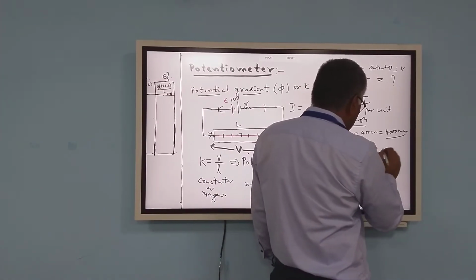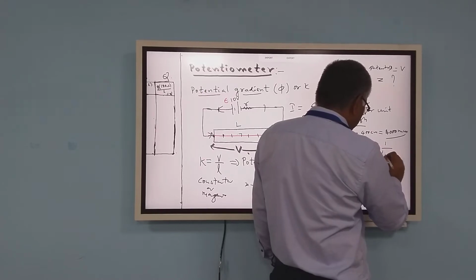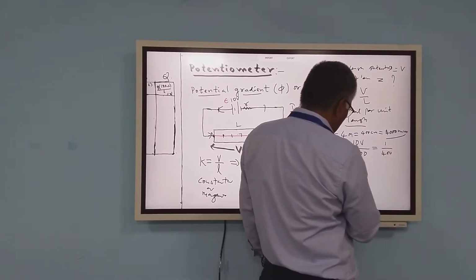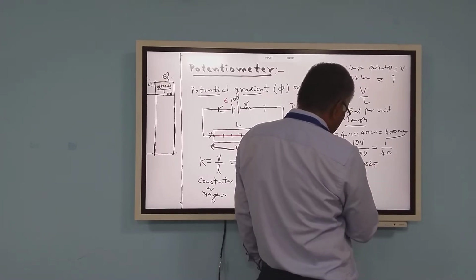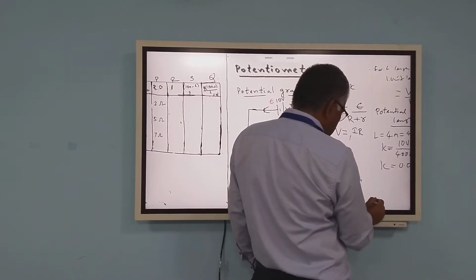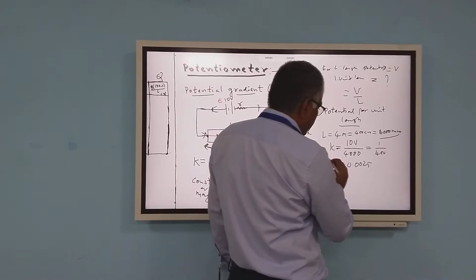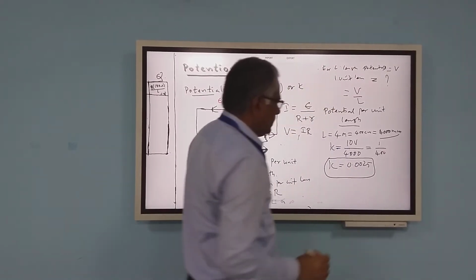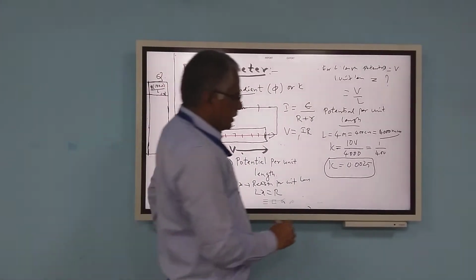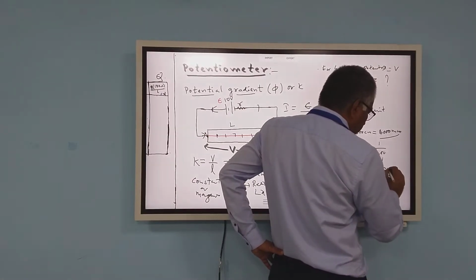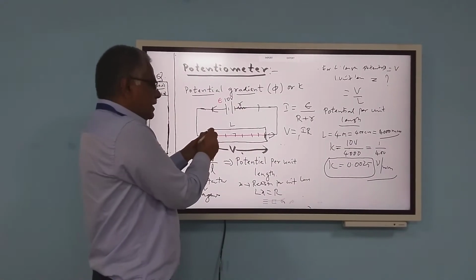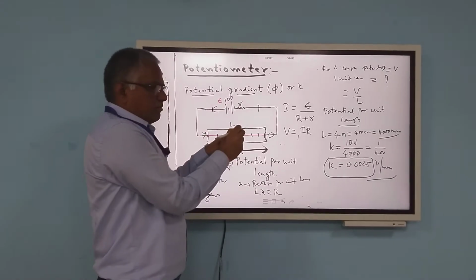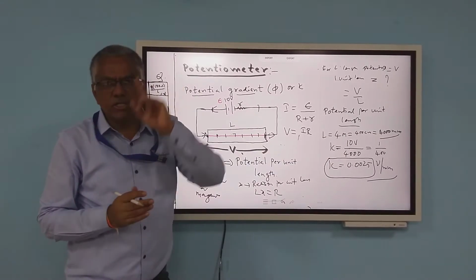Then this is equal to 1/400, which is 0.0025. This is the potential gradient, volt per millimeter. It means if you move 1 millimeter, there is a potential drop of 0.0025 volt.